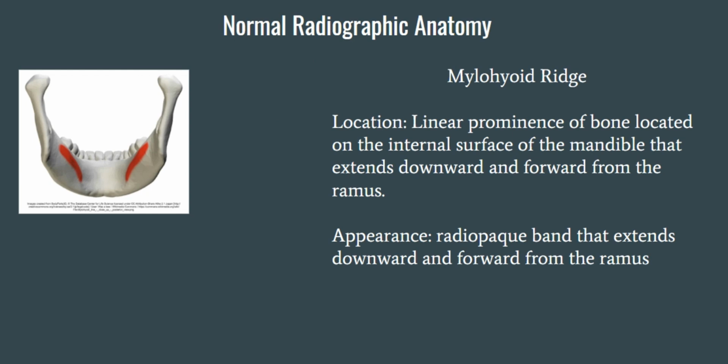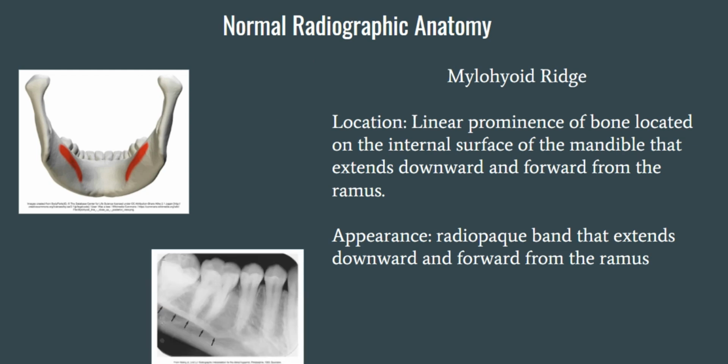Then we have the mylohyoid ridge, which is a linear prominence of bone located on the internal surface of the mandible that extends downward and forward from the ramus. So think of this as the lingual portion.